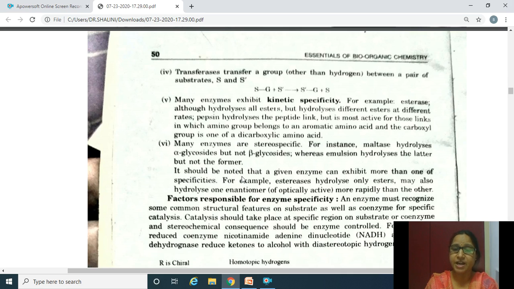It should be noted that a given enzyme can exhibit more than one of the specificities. For example, esterases hydrolyze only esters, and may also hydrolyze one enantiomer more rapidly than the other. Now, the factors responsible for enzyme specificity.